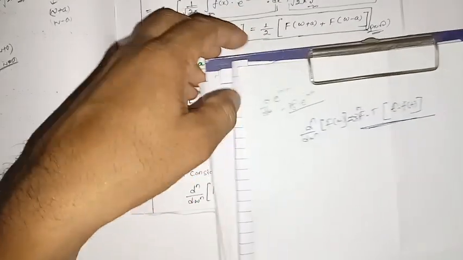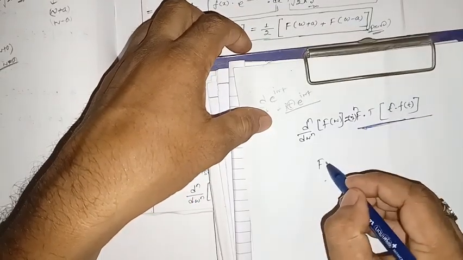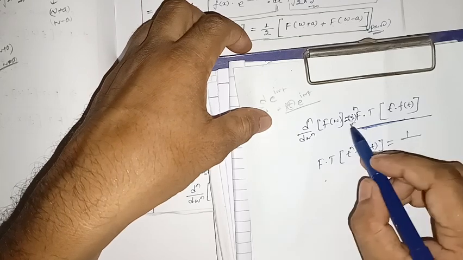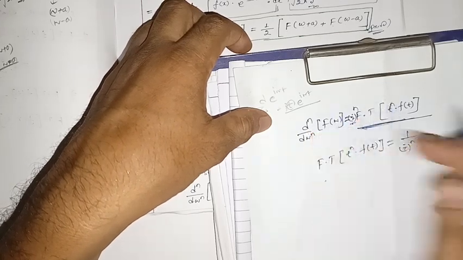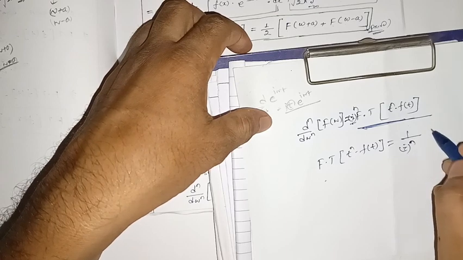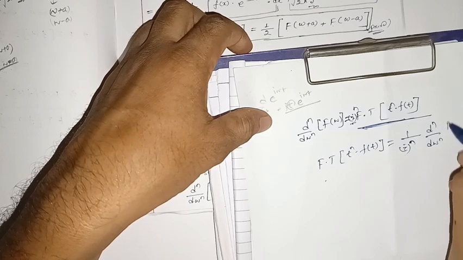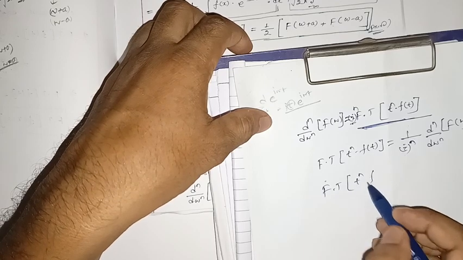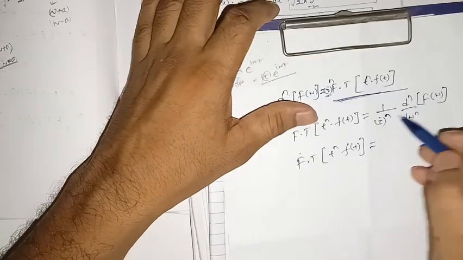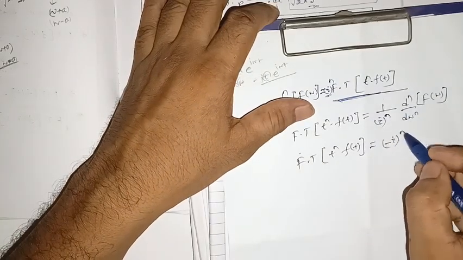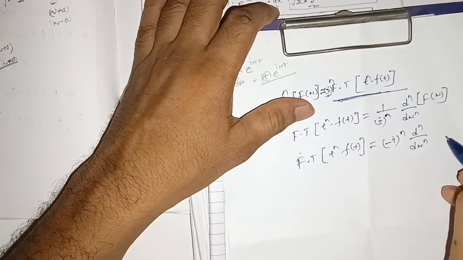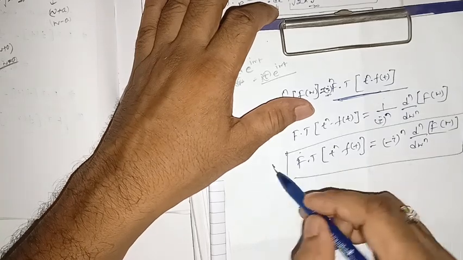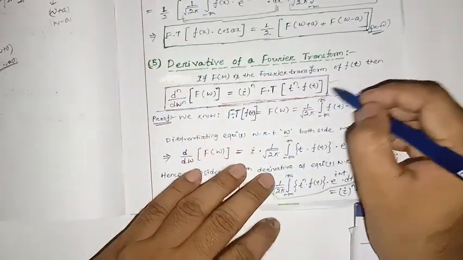So the Fourier transform of t to the n f of t will be equal to 1 by I to the power n times dn by d omega n of capital F of omega. Since 1 by I to the n can be written as minus I to the power n, the Fourier transform of t to the n f of t equals minus I to the power n dn by d omega n of capital F of omega. Either you have to remember this one or this one.